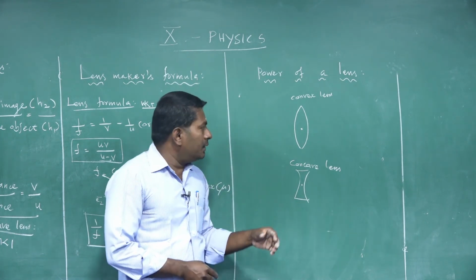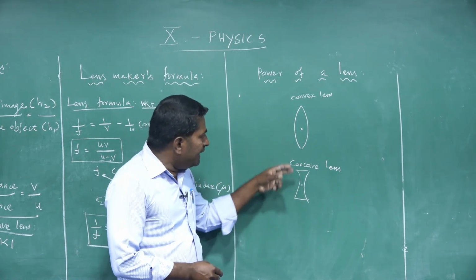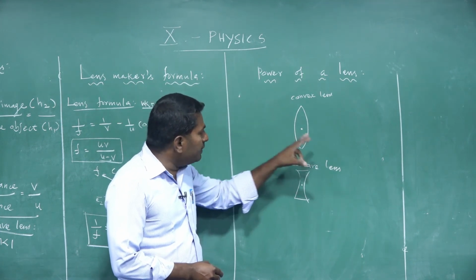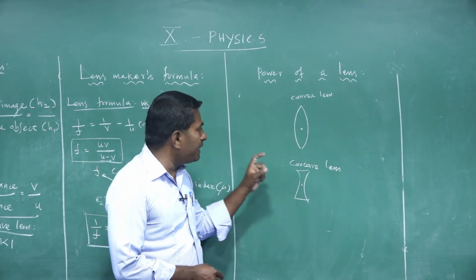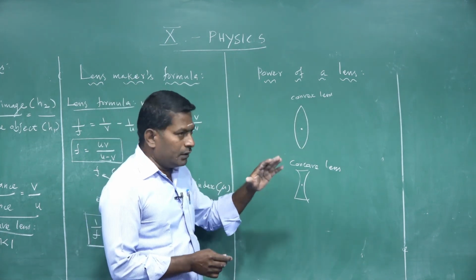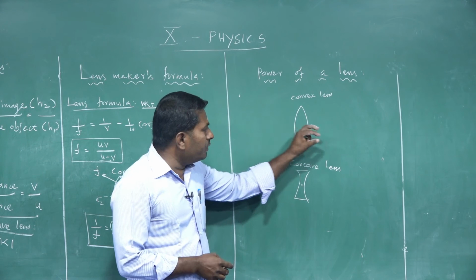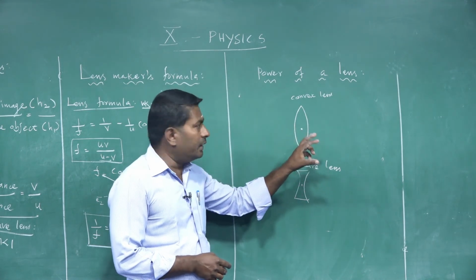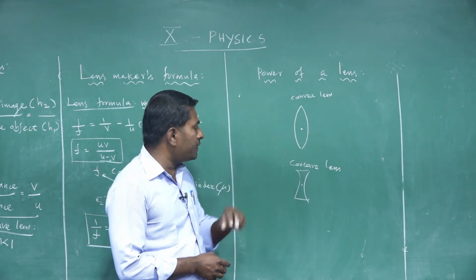Power of a lens is defined as the ability of the lens to converge or diverge the light rays falling on it. It is called power of a lens. You know, a convex lens converges the light rays after refraction, that's why it is called a converging lens.